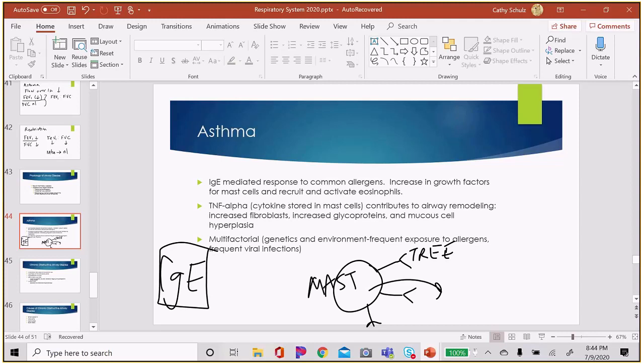So we get more mucus and more inflammation. The other thing that repeated emptying of mast cells does is release a factor called TNF alpha, which leads to airway remodeling. So the IgE mediated reaction to different allergens can lead to this mast cell dumping.